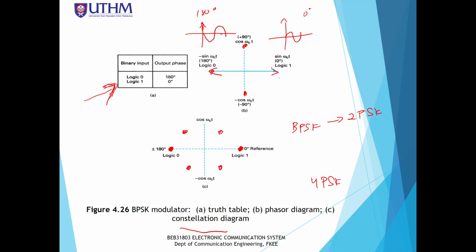Okay, if the location of the symbol is too close, that means the probability of error gonna be higher. Okay, itu tujuan constellation diagram. Tapi kalau BPSK dia jaraknya sangat jauh. Untuk BPSK dia jarak antara simbol itu sangat jauh. So the probability of bit error itu sangat kecil.